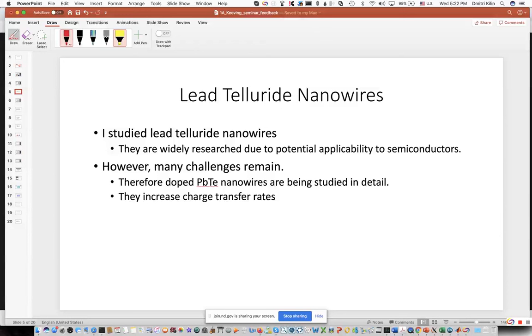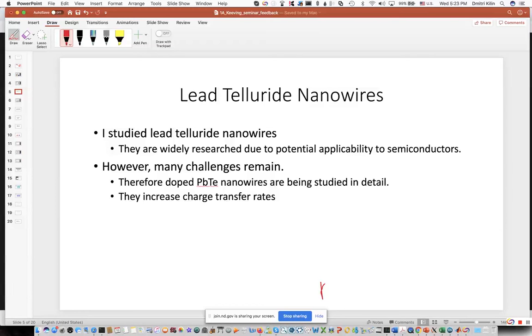So moving on. I'm studying the thermoelectric effect in lead telluride nanowires. In the past, researchers have been interested in using lead telluride nanowires as a thermoelectric material, because it has performed great in past experiments.